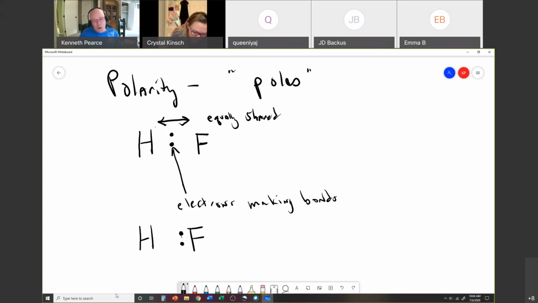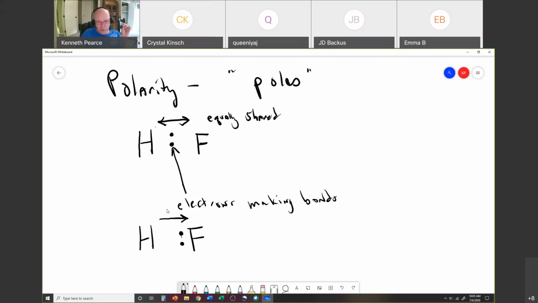And so the electrons are pulled towards the fluorine. Now, what's the charge on an electron? Electrons are negative. And so if electrons are negative, then these two electrons are going to spend more time on the fluorine.